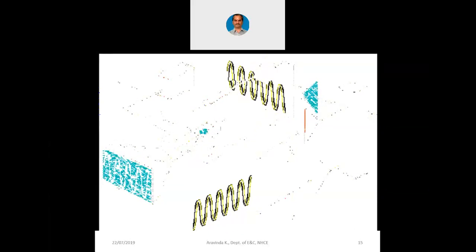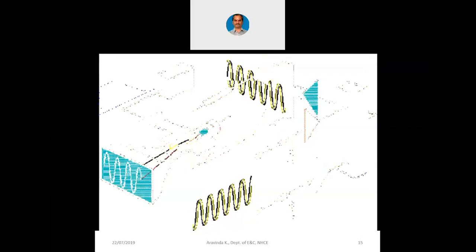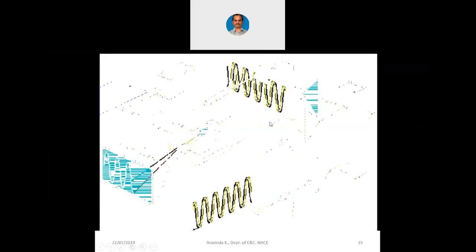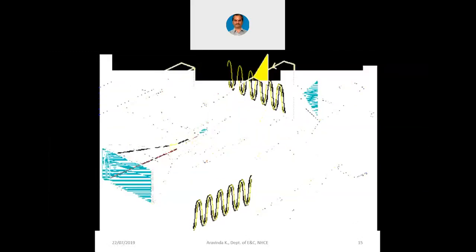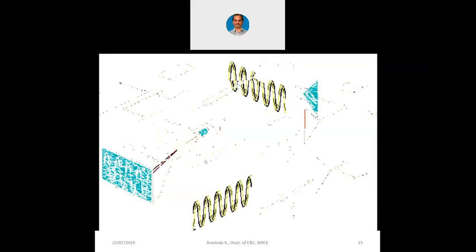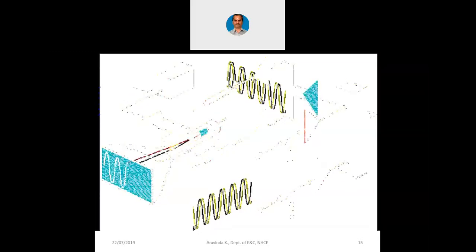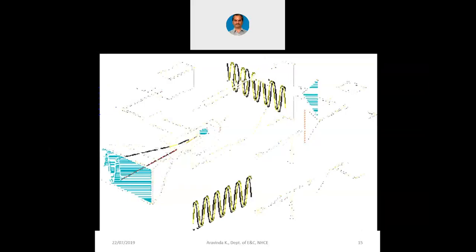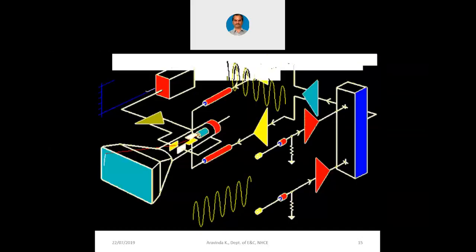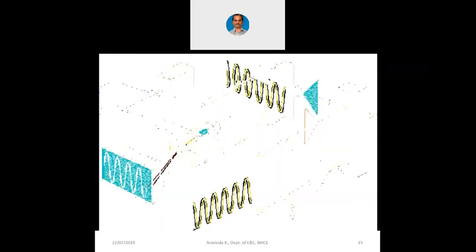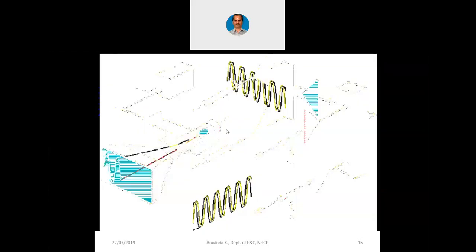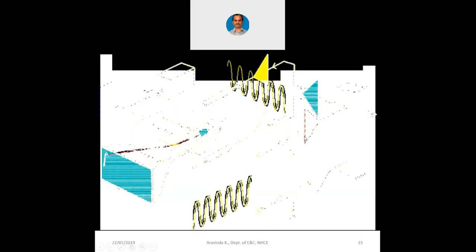So we are not going to discuss the construction of the oscilloscope as such, but my sincere advice is that you just understand how an oscilloscope works by googling something. You ask Googleshwar, he knows everything, everything about oscilloscope. So you can visit some particular websites where they will discuss the construction or the functioning of the oscilloscope. And then you will appreciate this particular animation. I had collected this animation from the internet itself.